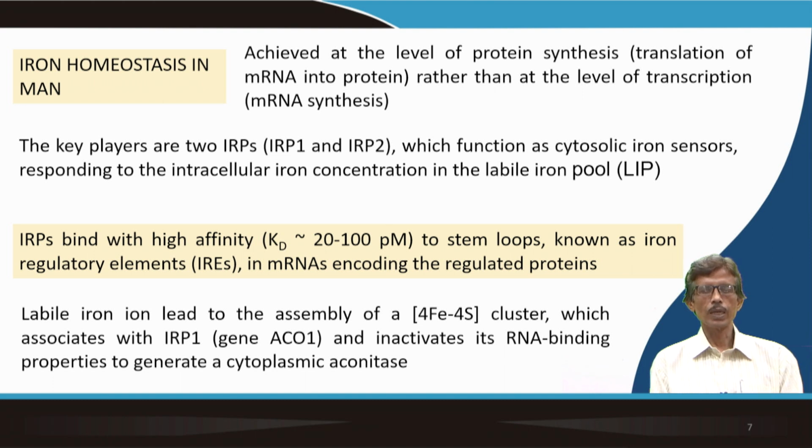Now a detailed understanding from the genetic level will tell us this: the labile iron pool, the LIP, can trigger the formation of your 4-iron ferredoxin molecules, which are associated with IRP1. There are many IRPs, we are just now talking about IRP1, IRP2, and the gene is ACO1, and inactivates its RNA binding properties to generate the cytoplasmic aconitase. Aconitases are another variety of iron sulfur proteins.